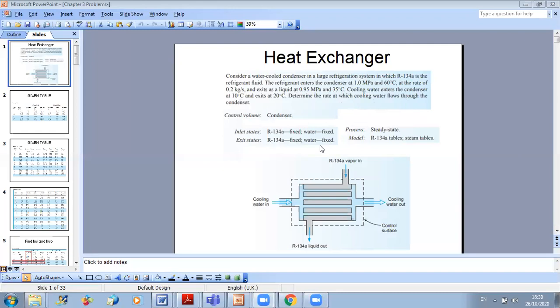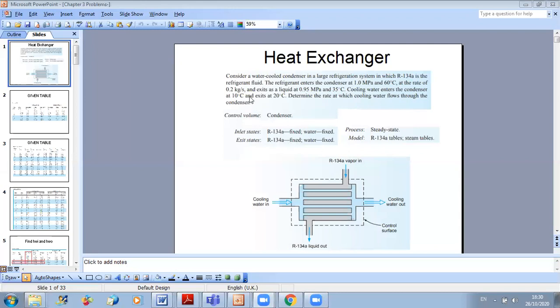Let us write first. It's very important to write our boundaries, to know what the inlet conditions and the outlet conditions are, to be able to write the second law of thermodynamics and the first law of thermodynamics, and do the corresponding analysis.